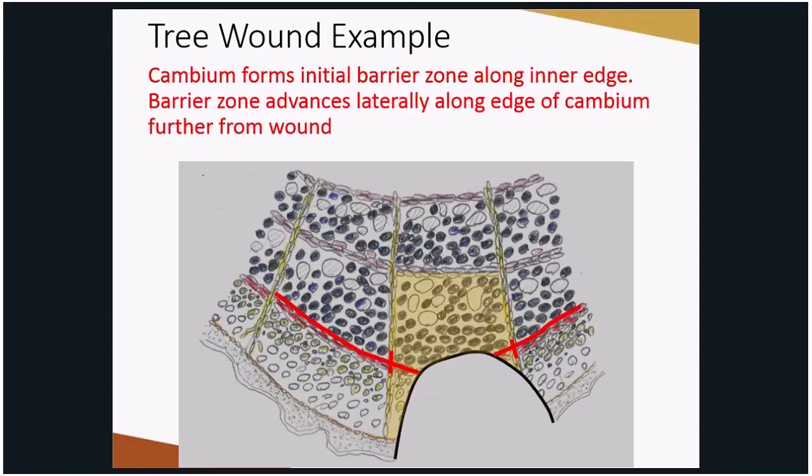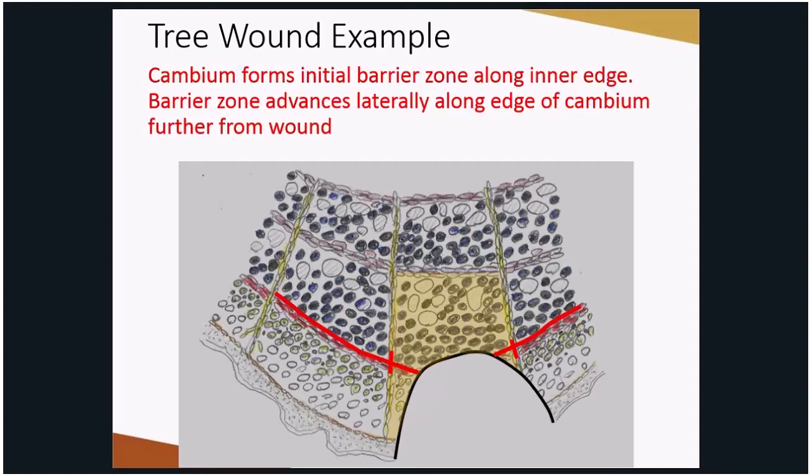So the first thing that happens when this wound initially breaches the trunk and hits the cambium is the cambium starts to form a barrier zone. Along its inner edge right here, the cambium has started to form a barrier zone. You see it's gone a little bit into the ray cells here, and it actually extends out past where the actual wound was. That whole cambium is stimulated to create this barrier zone.